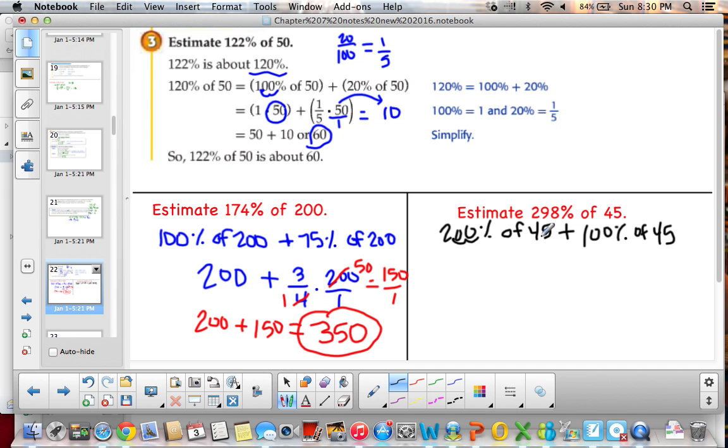I also know that 100% of a number is that number, so 200% would be that number times 2. So 45 times 2 is 90, and then 100% of 45 is 45. So then 90 plus 45 would be approximately 130.